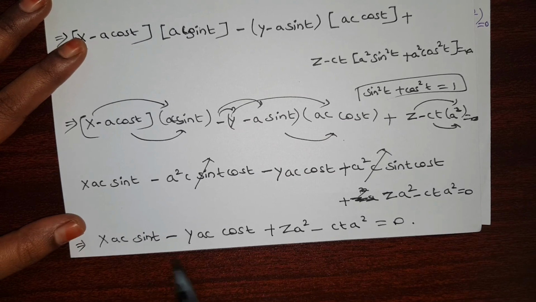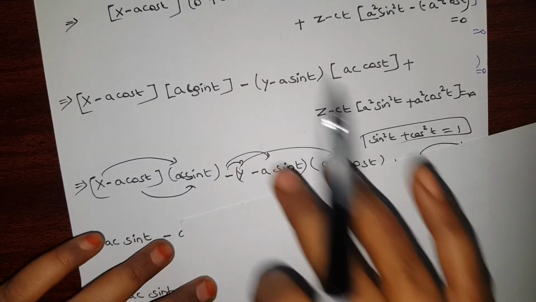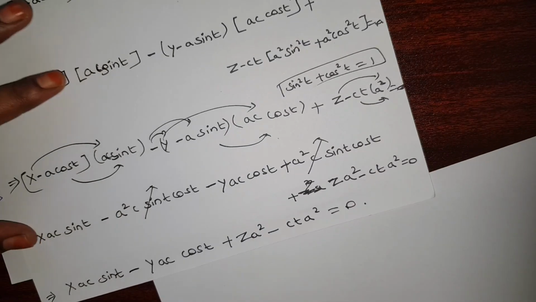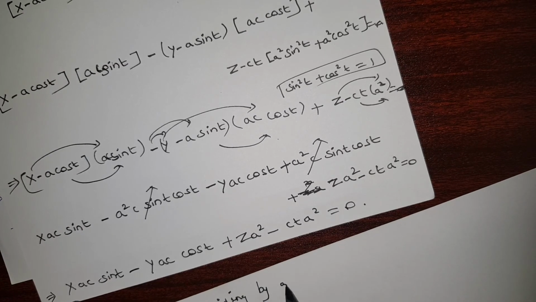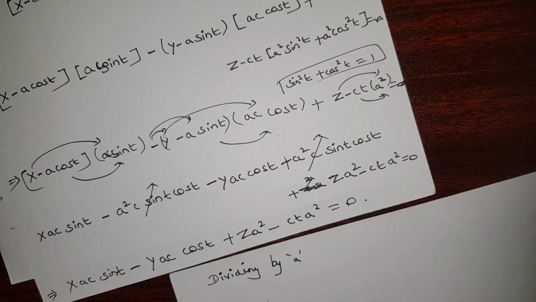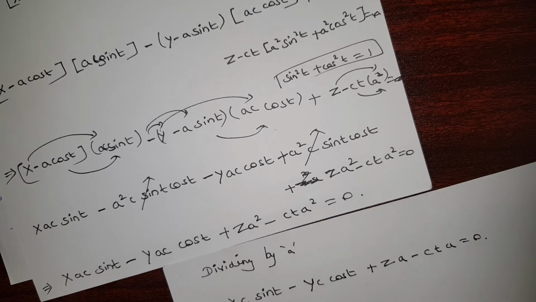We divide this equation throughout by a, so that it becomes x c sin t minus y c cos t plus z a minus ct a equal to 0.